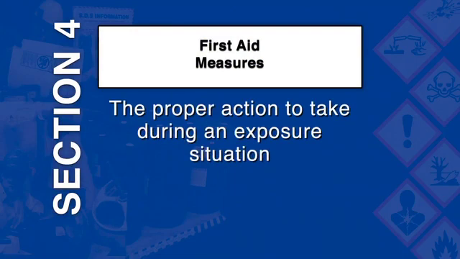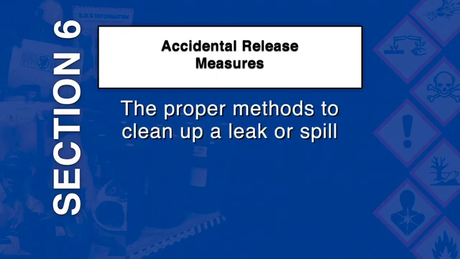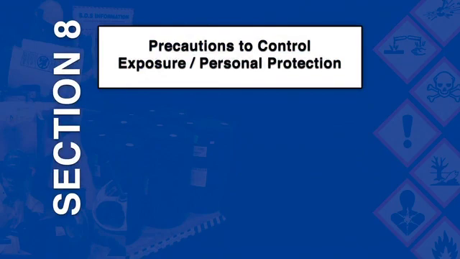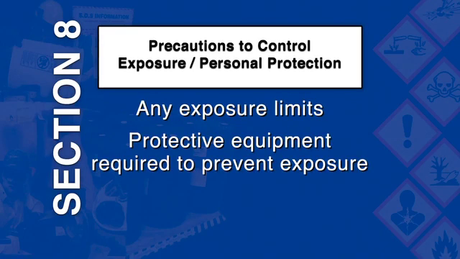Section 4, First Aid Measures. This section describes the proper action to take during an exposure situation. Section 6, Accidental Release Measures. This section contains the proper methods to safely clean up a leak or spill. Section 8, Precautions to control exposure, personal protection. This section contains any exposure limits for the chemical, as well as the protective equipment required to prevent exposure.